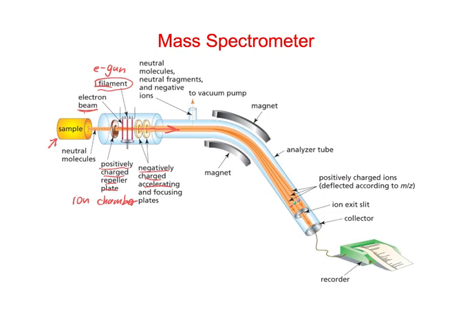So as they shoot down here, they're going to go into this magnetic field, and their trajectory gets deflected based upon the magnetic field.